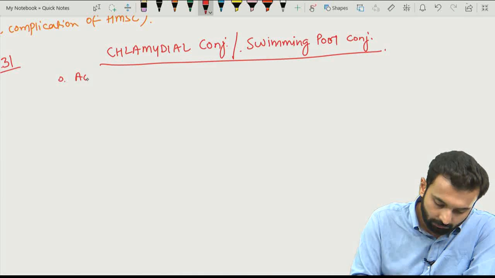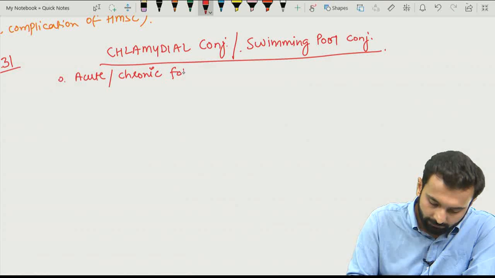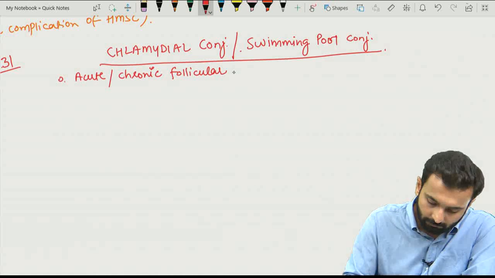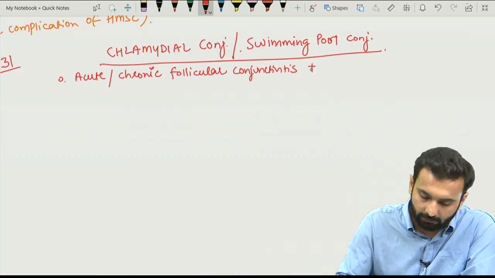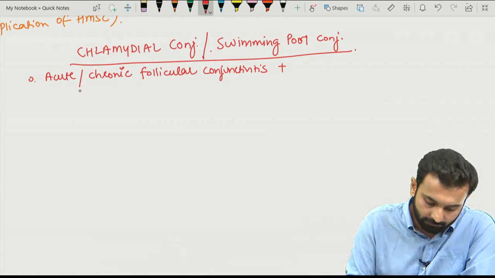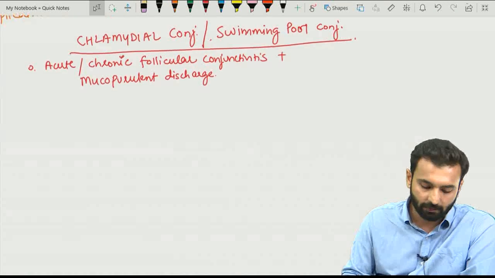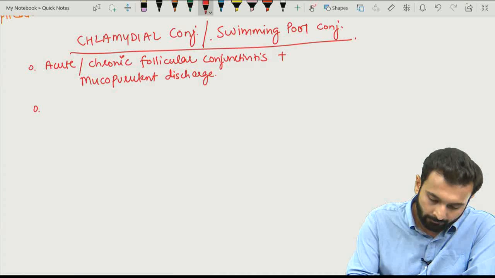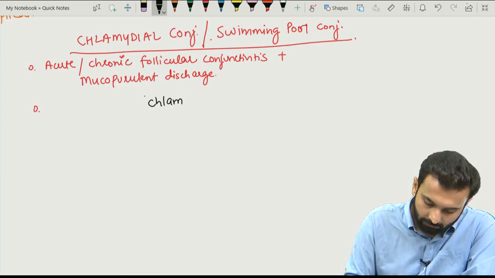It is an acute or chronic follicular conjunctivitis with mucopurulent discharge. Now what is the causative agent? The causative agent you should keep in mind is Chlamydia trachomatis.